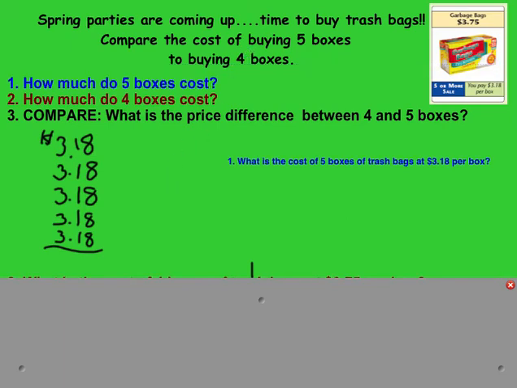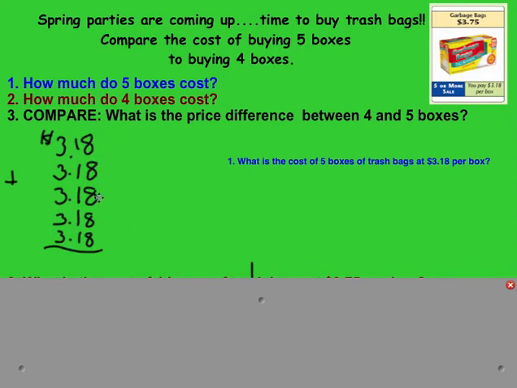Okay, so here we go. I have $3.18 written 5 times, because I'm looking for the cost of 5 boxes. All right, so now we're going to add this all together. Notice how I have my hundredths lined up, my tenths lined up, and my ones lined up. I have 18 hundredths, or 18 pennies, and I have $3.